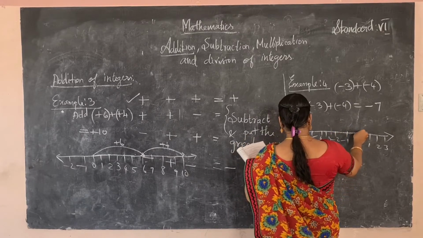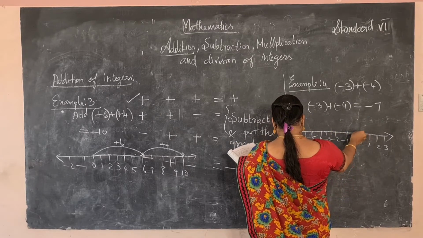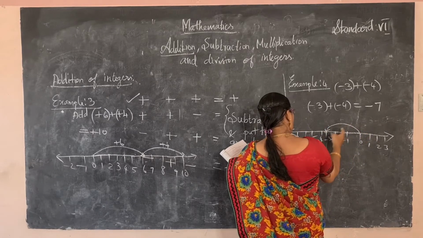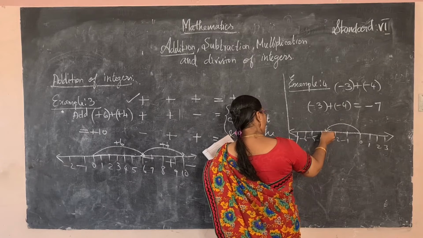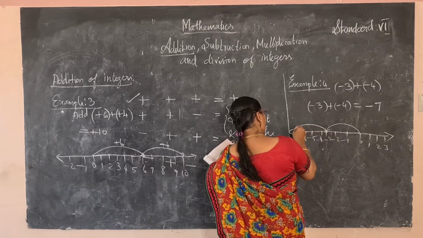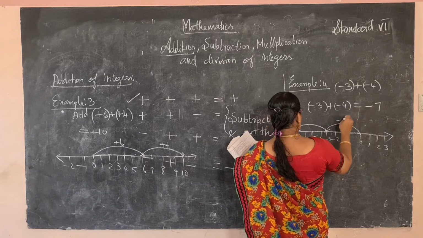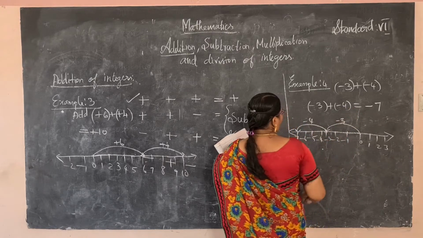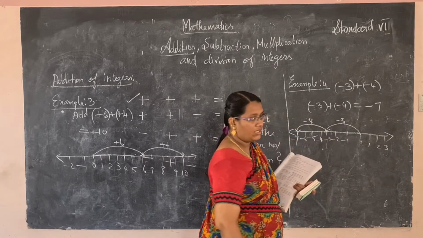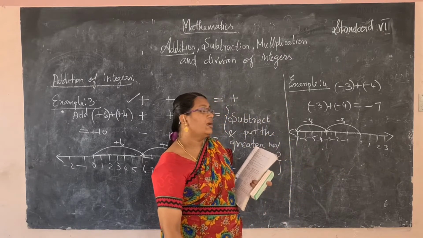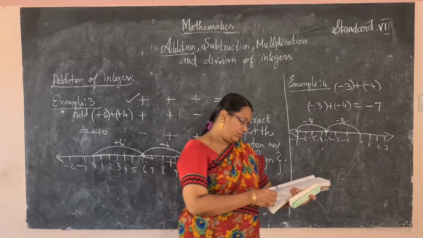So here 0 to minus 3, after adding minus 4: 1, 2, 3, 4. So minus 3, minus 4, we get minus 7. This is the number line for the addition of minus 3 and minus 4.